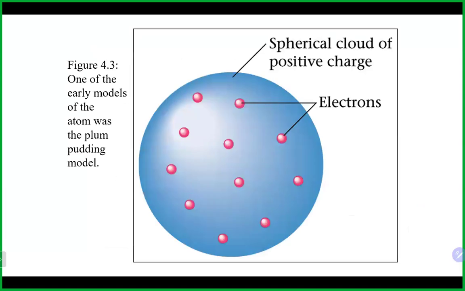Again, we have this positive charge which is spread all across the sphere, and these negatively charged electrons that are embedded inside. In this model of the atom, it was assumed that most of the mass of the atom is actually made up of those electrons. So this was an accepted model of the atom based on the information that was known at the time.